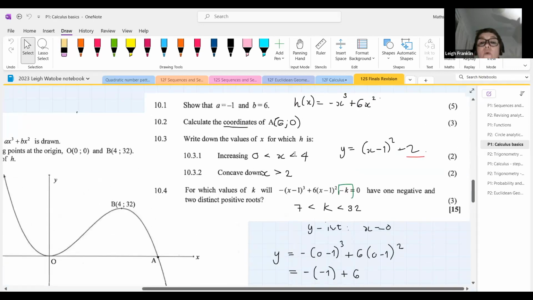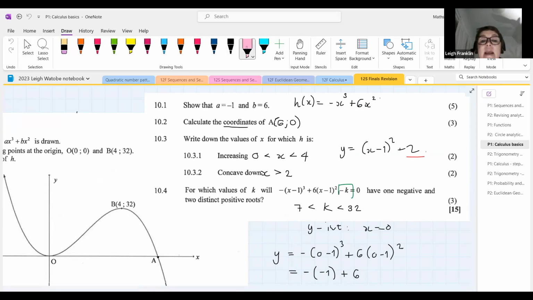So you know the equation of your cubic function. It was h of x equals minus x cubed plus 6x squared. All right. So that is this bit over here, except it has been shifted 1 unit to the right-hand side.